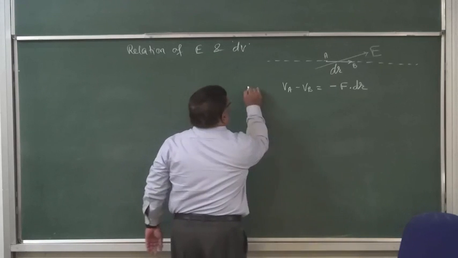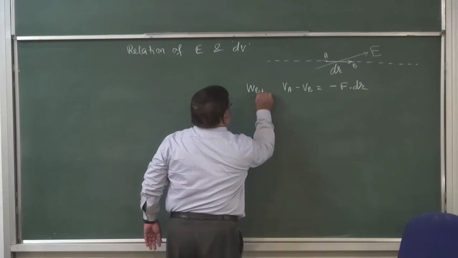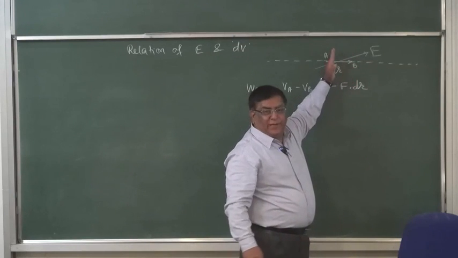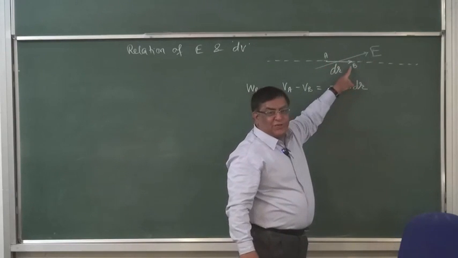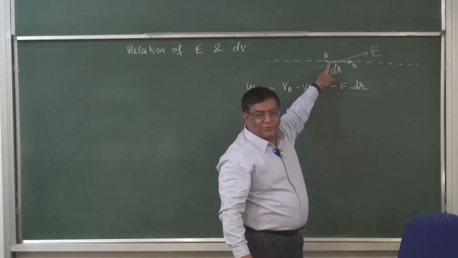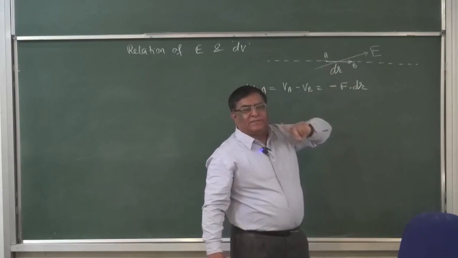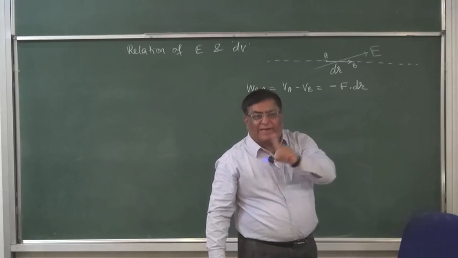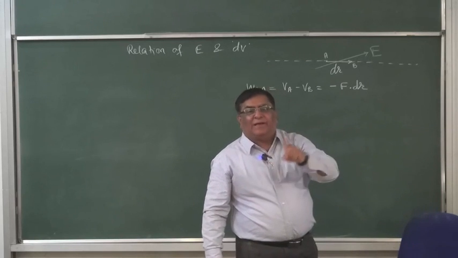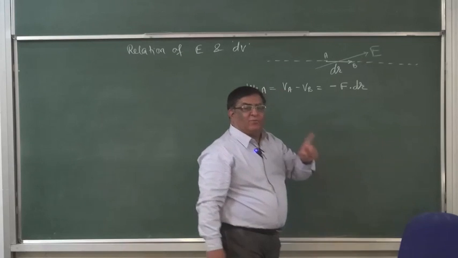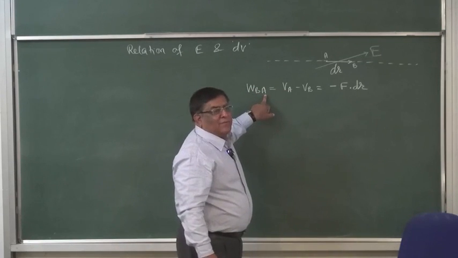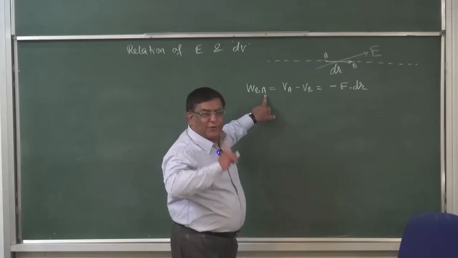Work done from B to A. What is the initial position? B. What is the final position? A. So, what is the name of the potential difference? Final minus initial, VA minus VB. So when we write work done from B to A, how do we write the potential difference?